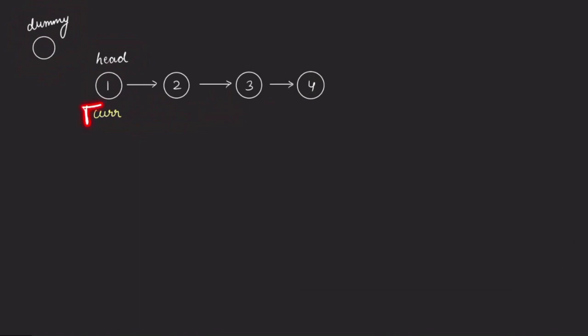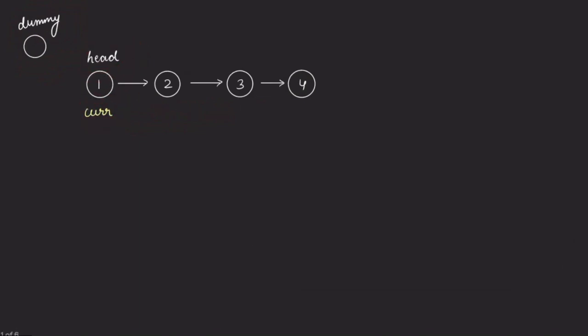Initially we created a list node named dummy, the syntax we'll see while writing the code. And then we created another pointer, current, which will initially point to head, because this is the first node that we will be considering.